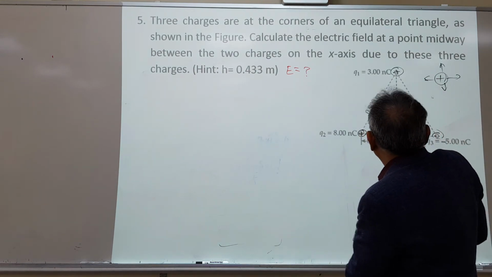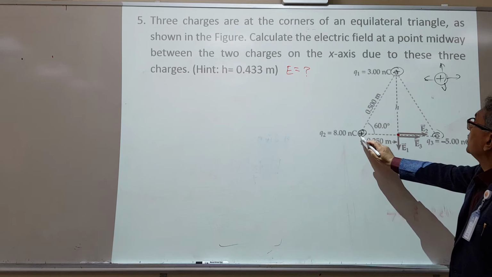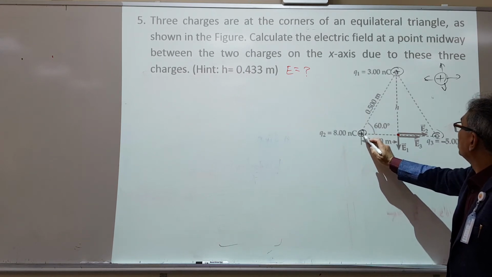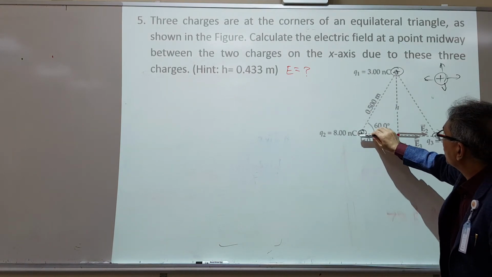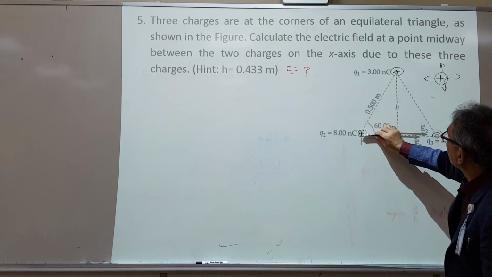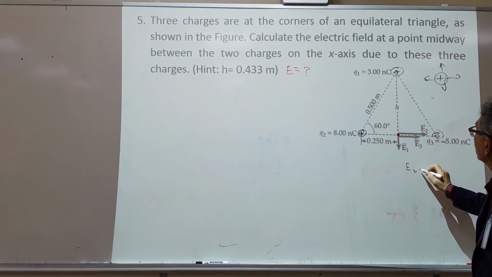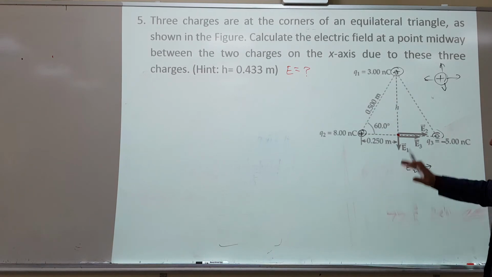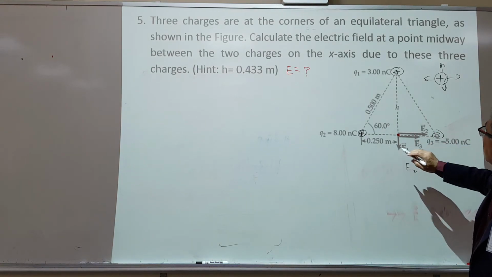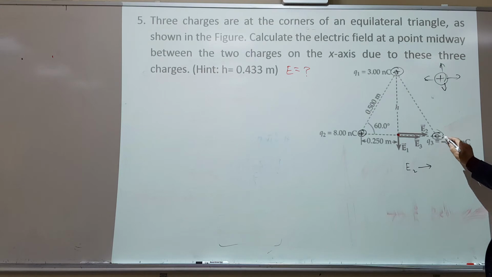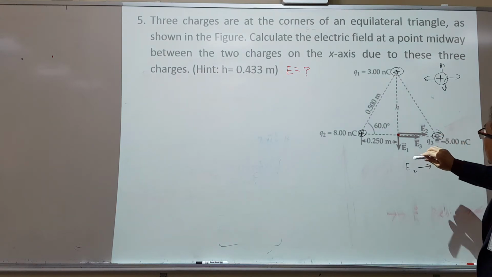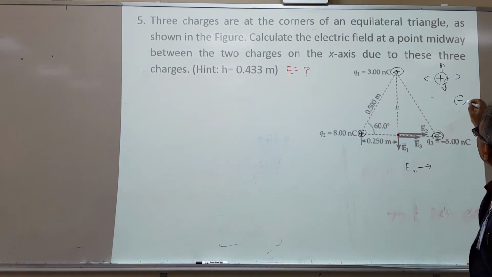So you see, this is Q2, positive charge. This is the point of interest. So all directions positive, but I take only this direction. So E to this direction, positive x-axis. And this is negative charge. You see, again, negative charge, all directions inward.